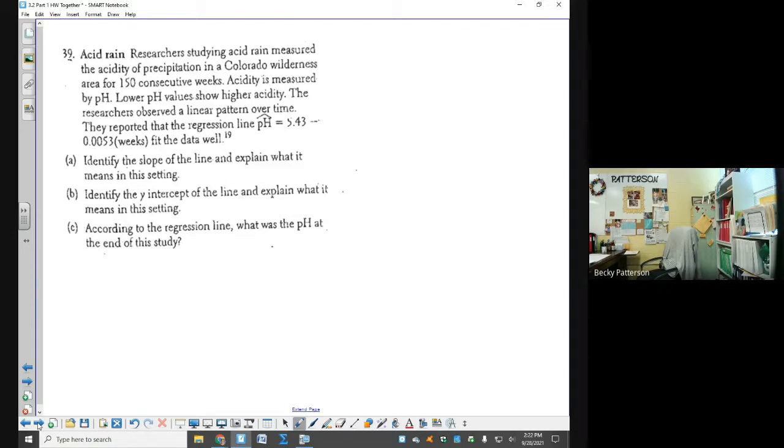They reported that the regression, predicted pH equals that equation based on weeks, fit the data well. Identify the slope of the line and explain what it means in this setting. Identify the y-intercept and explain what it means in this setting. According to the regression line, what was the pH at the end of this study? How long did it go?